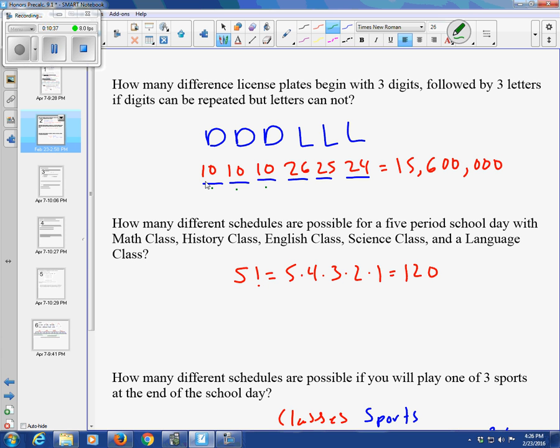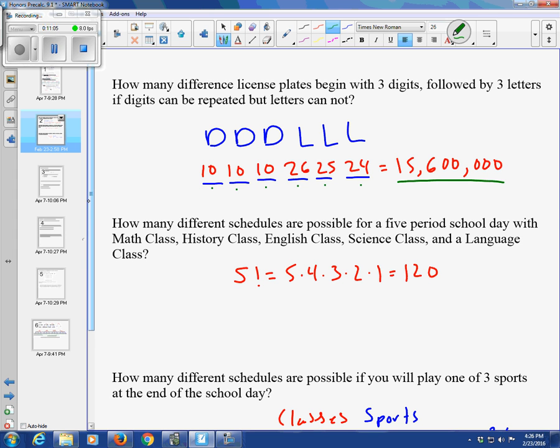But if letters cannot be repeated, then we have 26 possibilities for the first letter, and after we've selected that letter, we can't repeat it, so we've only got 25 possibilities for the second letter, and after those 2 letters have been selected, we only have 24 possibilities for that last letter. If we multiply all this out, we get 15,600,000 for the total possible number of license plates.